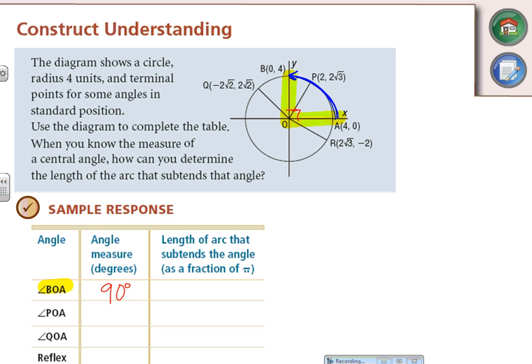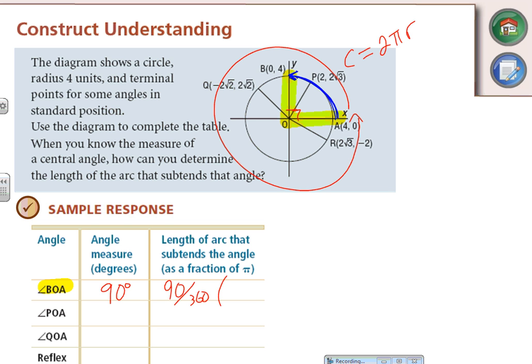We know that the arc length is a portion of the full rotation all the way around. Full rotation is circumference. Circumference was 2 pi r. And we want to know what portion is the 90 degrees. So that gives us 90 degrees divided by 360, which is 1/4, of 2 pi r. Let me write it a bit bigger over here.